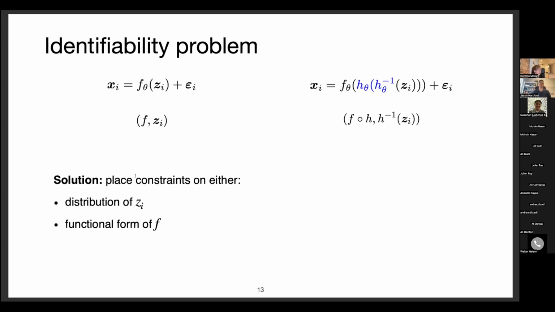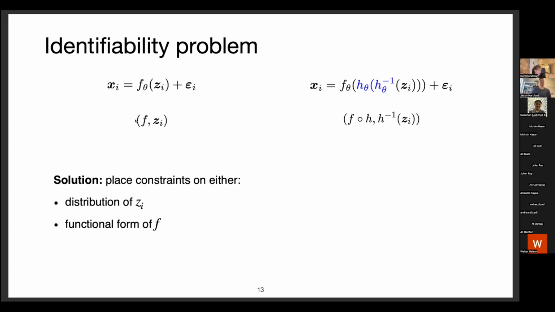So as Jason mentioned, Johnny has a great paper outlining in great detail how these sources of indeterminacy come to be. But what we can do to constrain them is put constraints on either the distribution of the latent variables or on the functional form of f, our generator function. And so why is this helpful?